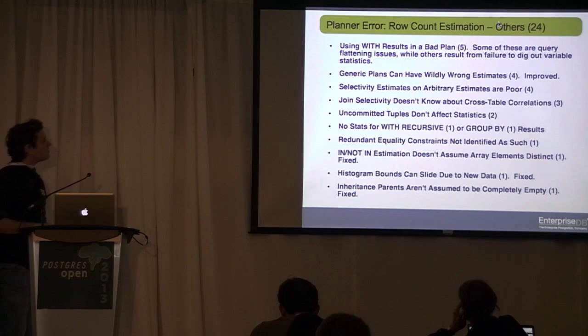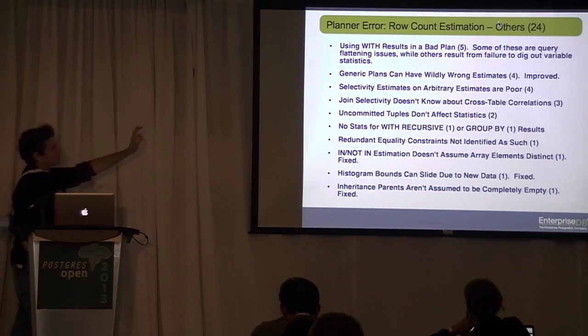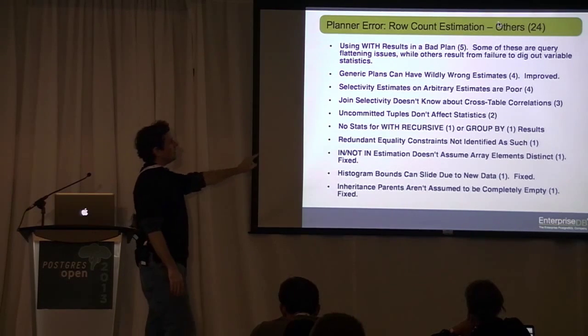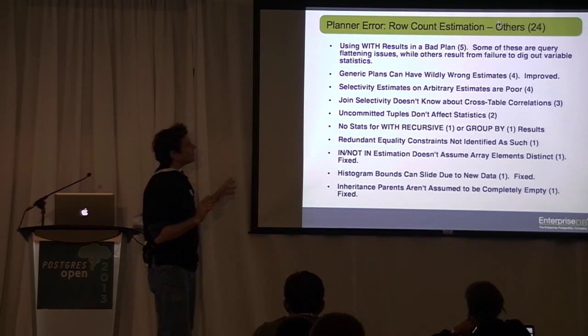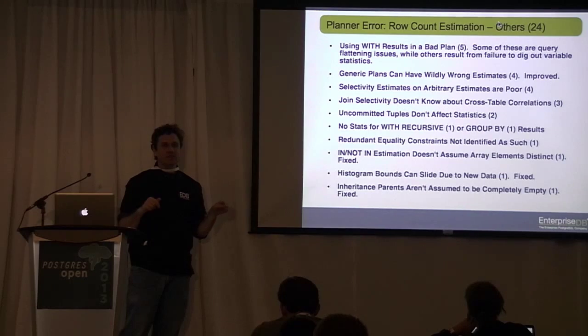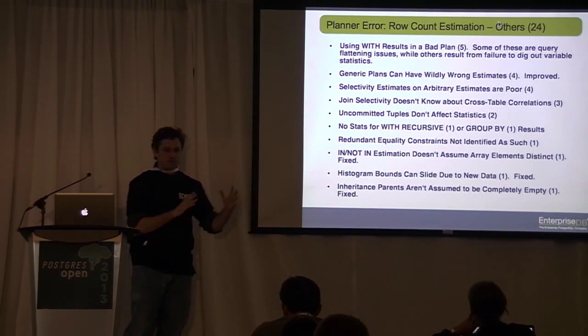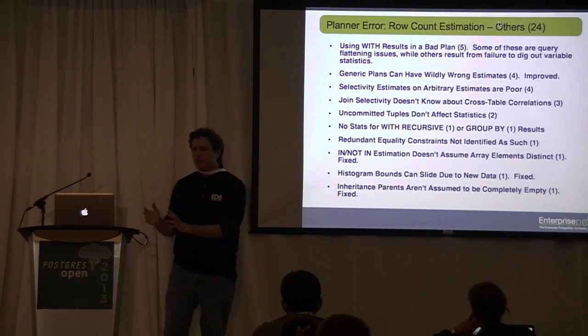So, other row count estimation errors. Using WITH can result in a bad plan. There are actually two different issues that are conflated under that category. WITH queries don't get what's called flattened into their parent query. So we plan the WITH query separately from the main query.